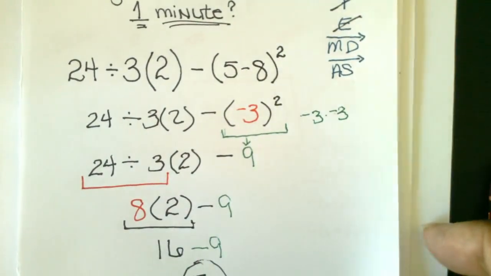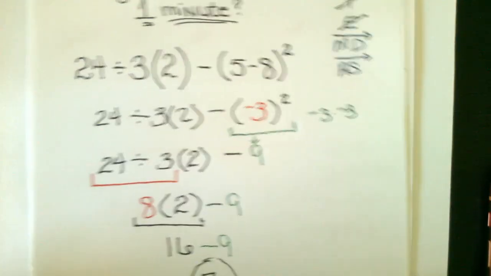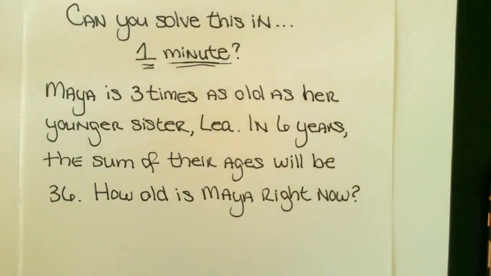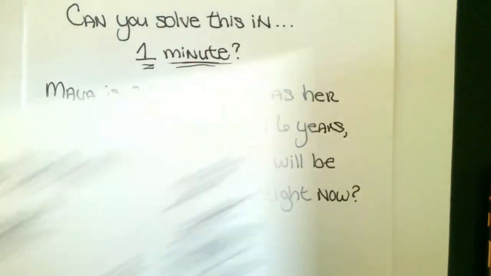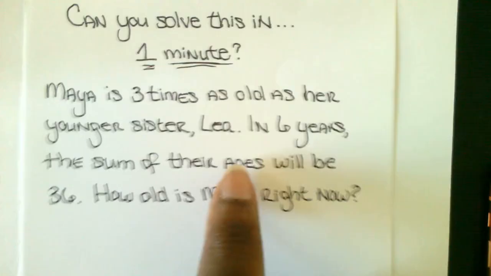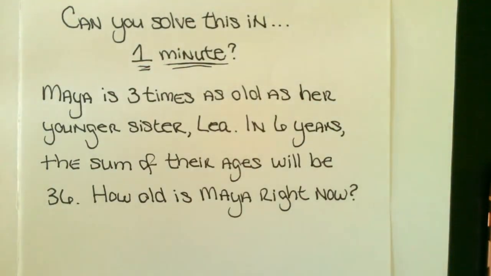Okay, doing the order of operations, definitely less than a minute. Okay, but these type of problems, with the word problems, the time that you saved on doing these, this is where you would spend that little extra time. Give yourself some grace.